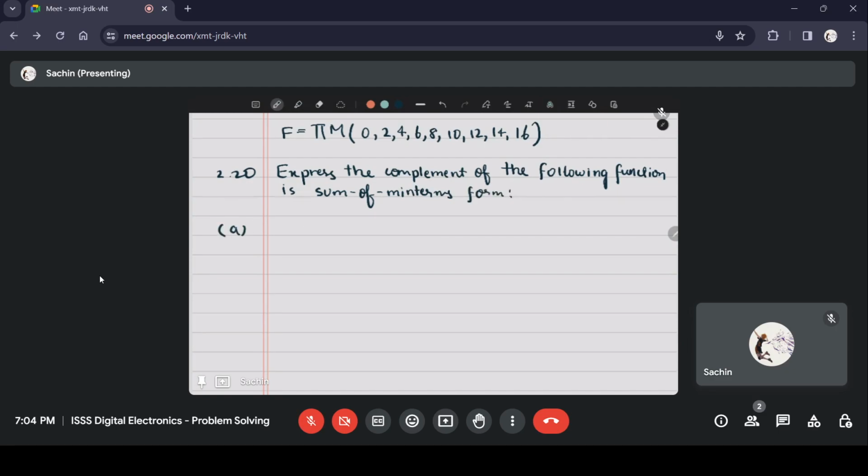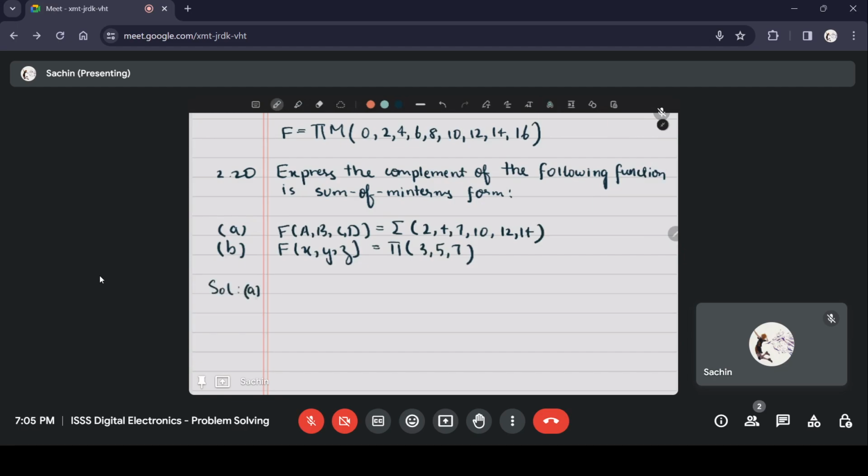Part A is f of a b c d, summation of minterms 2, 4, 7, 10, 12, 14. Part B, f of x, y, z, product of max terms 3, 5, and 7.